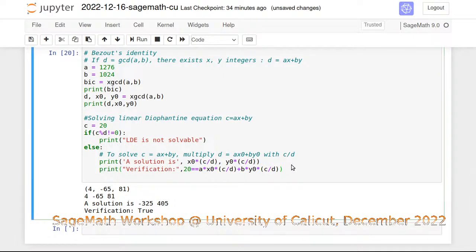Now we know that we can find the general solution also using the same command. The set of all solutions is given by x naught minus B by D into t, y naught plus A by D into t.